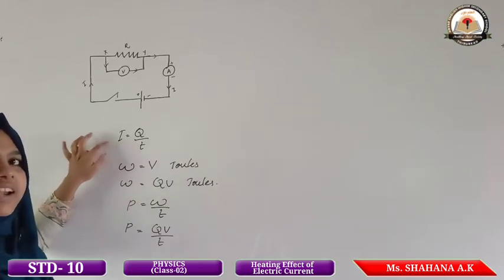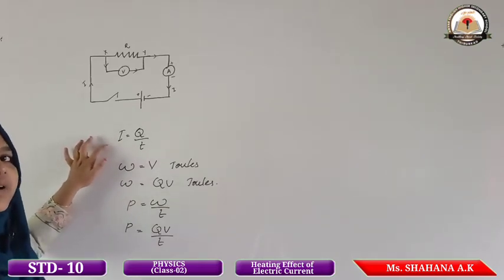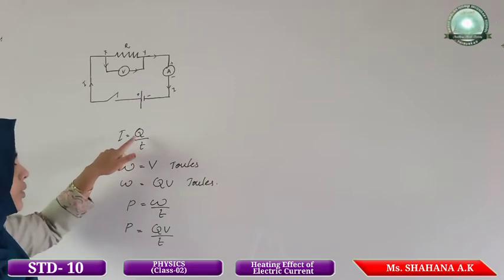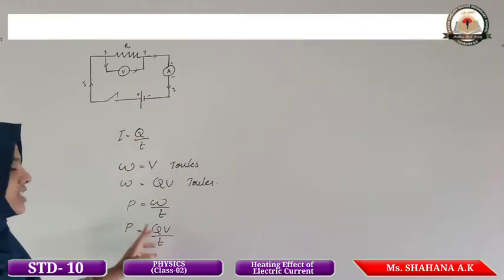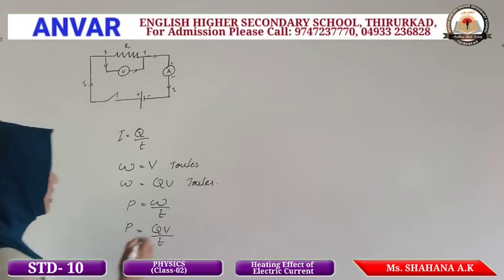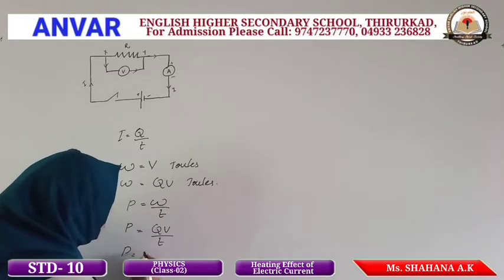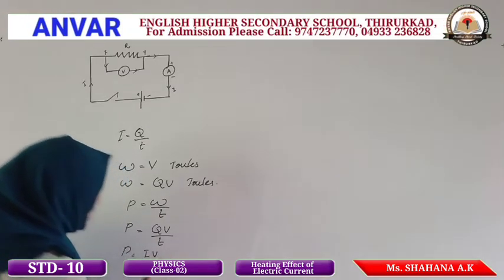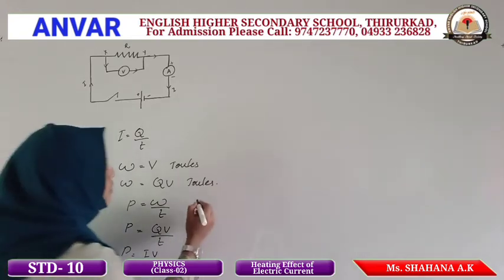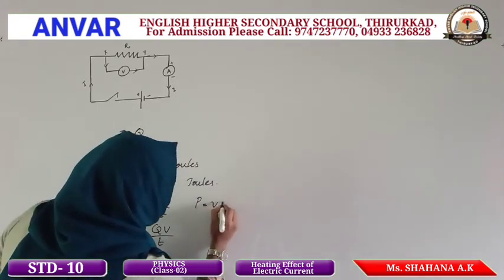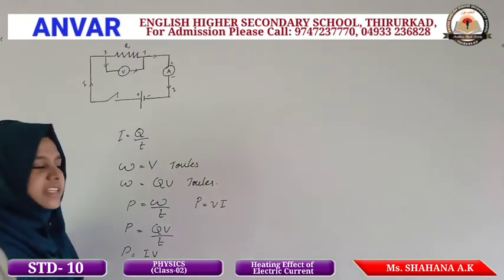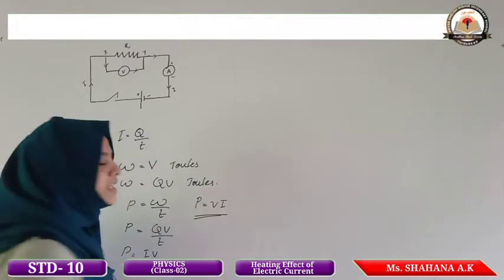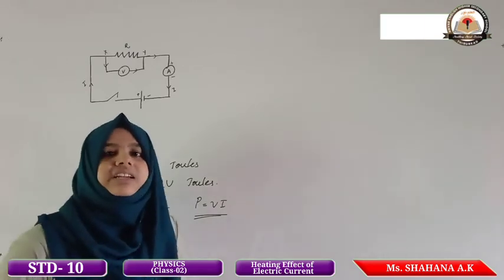Then at the start we discussed that the current I is equal to Q by T. We substitute I here instead of Q by T. So it becomes P is equal to IV, or for our convenience, P is equal to VI. That is the power supplied by the battery to this electric circuit.